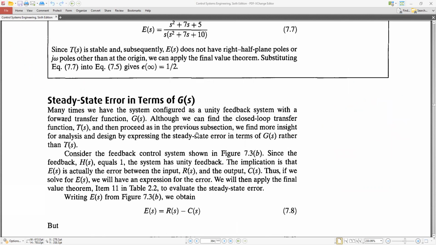Now if we move to G(s), many times we have the system configured as a unity feedback system with a forward transfer function G(s). Although we can find the closed loop transfer function T(s) and then proceed as in the previous subsection, we find more insight for analysis and design by expressing the steady state error in terms of G(s) rather than T(s).